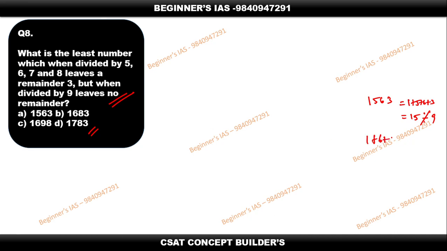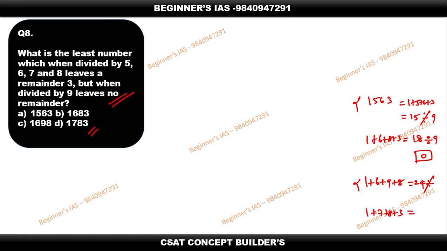Then 1, 6 plus 8 plus 6: 7, 15, 18. Yes, this number divided by 9 leaves no remainder. That is one possible case, option B. I'm moving to 1, 6, 9, 8: 10, 16, 24. 24 is not divisible by 9. Therefore this number is not going to work, and these other numbers also not going to work, and another possible thing.